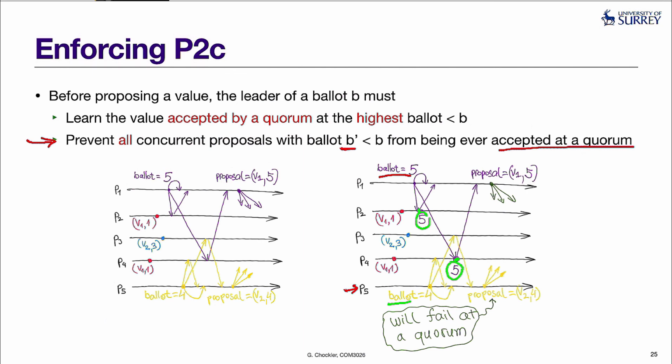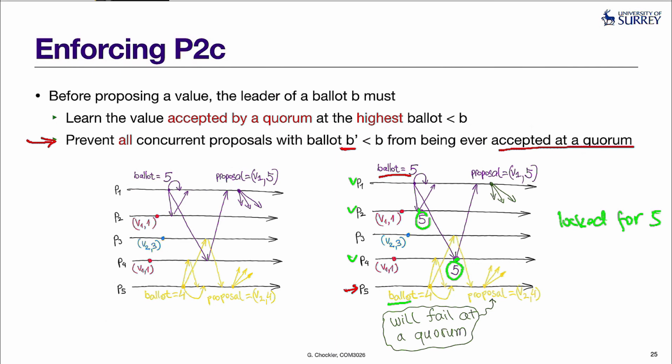And so when P1 queries this quorum, P1, P2, and P4, all three processes in this quorum are locked for ballot 5. And that means that they will refuse to talk to any leader of a lower ballot.